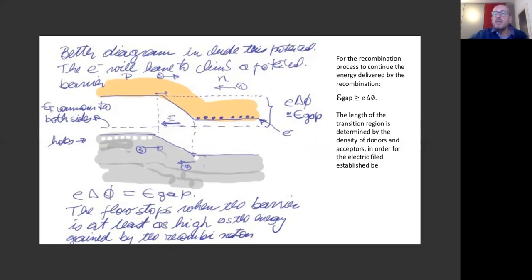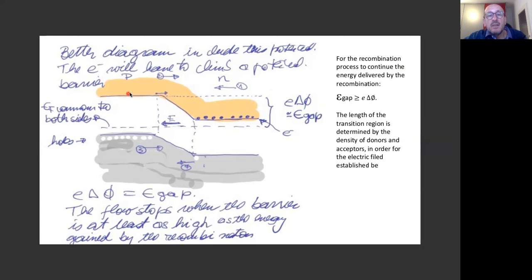And I wrote something down here because I guess I understood this after I drew this diagram. For the recombination process to continue, the energy delivered by the recombination, E gap, has to be greater than or equal to E delta phi, where delta phi is the difference in potential between the Fermi level here and the conduction band minima in the p side.